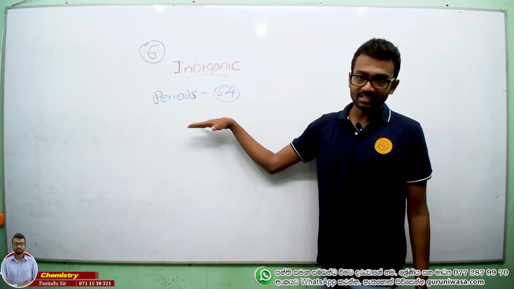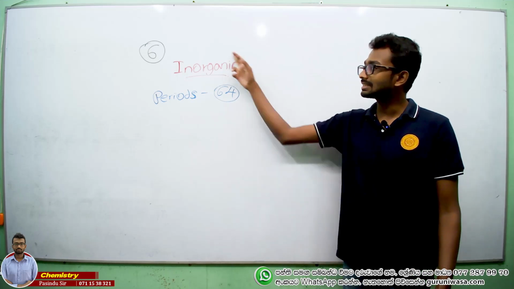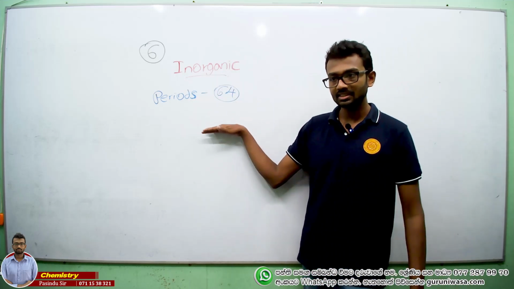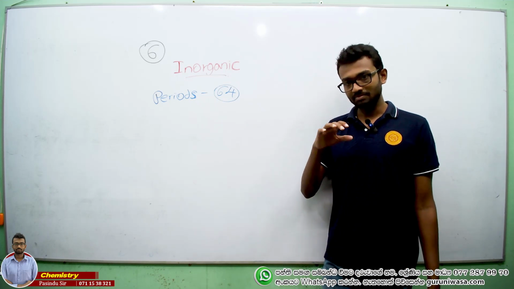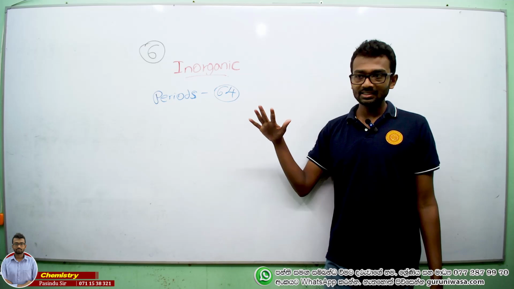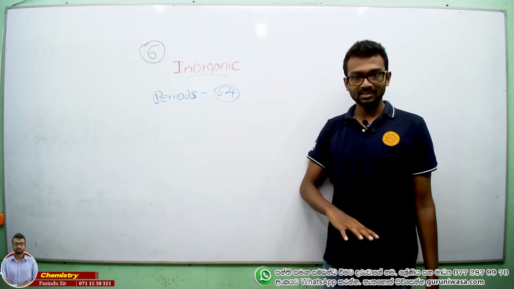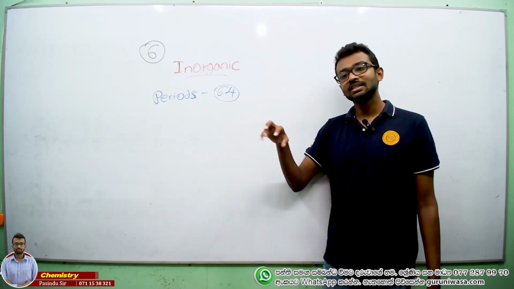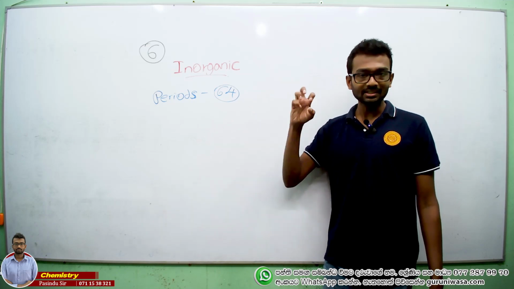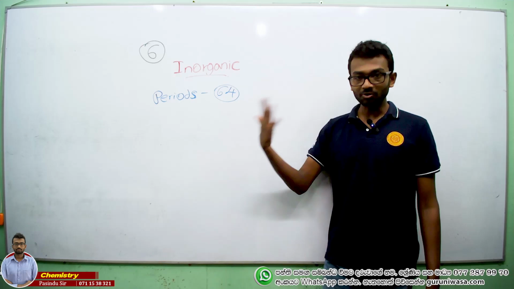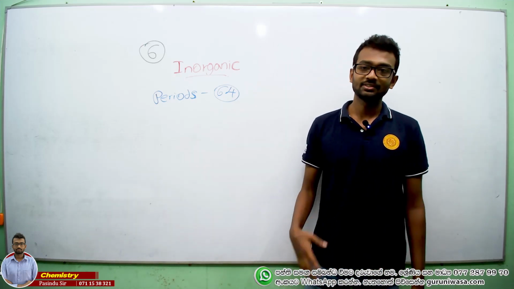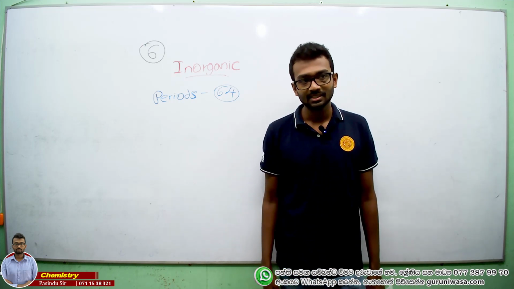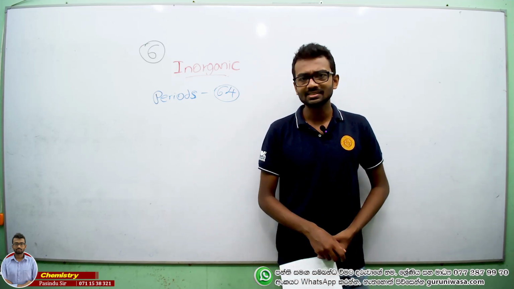The way they ask questions from these lessons, if you know the answer, then you can get the marks. But if you don't know the answer, then your marks are 0. You cannot get any marks. So you may think that's the nature.